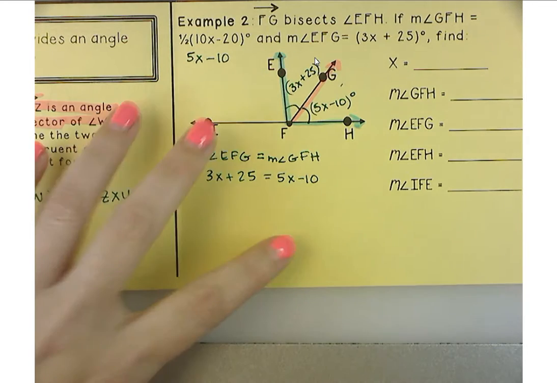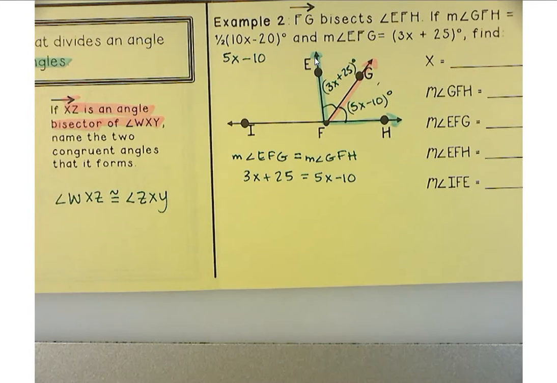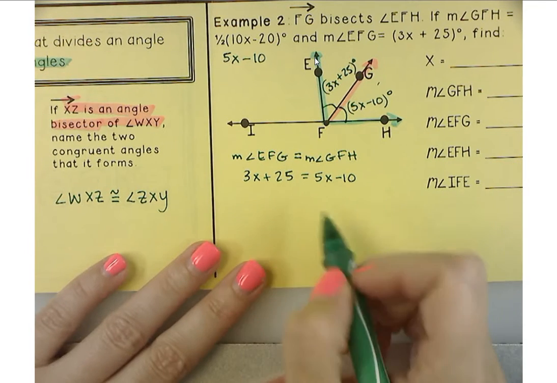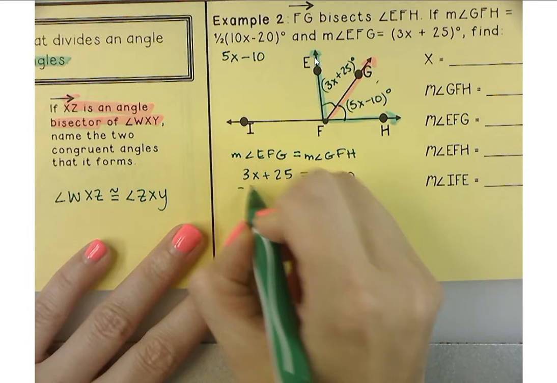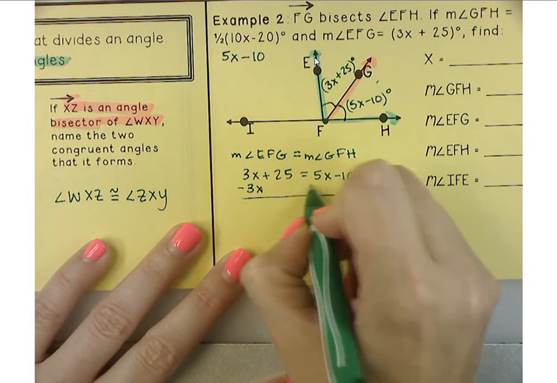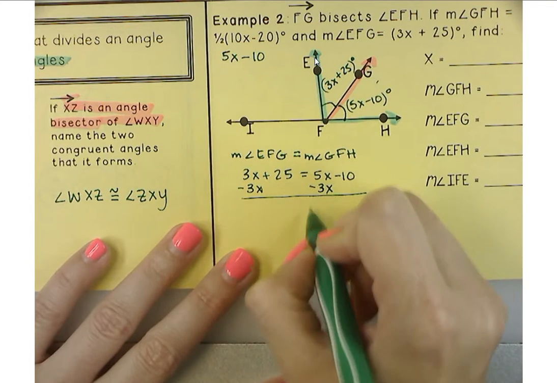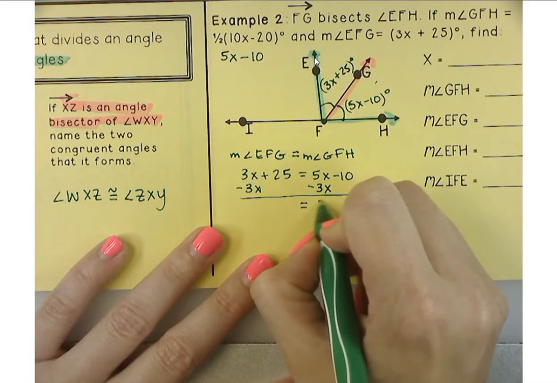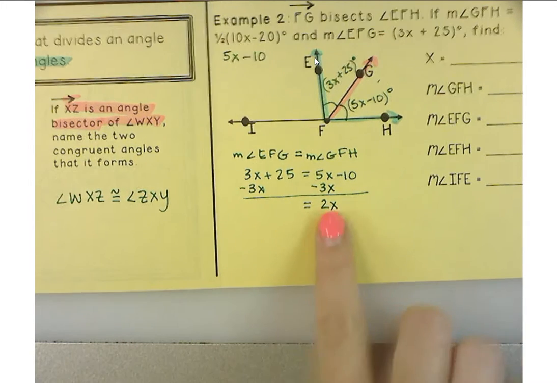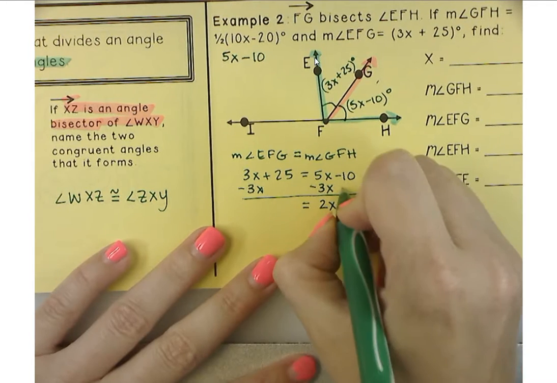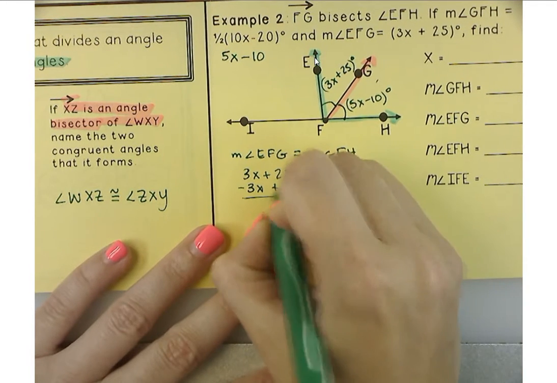If you need some help solving equations, just remember that your goal is to get all of your variables together. So the 3x and 5x have to be on the same side. I always subtract the smaller one from each side, so I have a positive. So if I subtract 3x, I will end up with 2x on the right, which means I have to move any numbers to the other side.